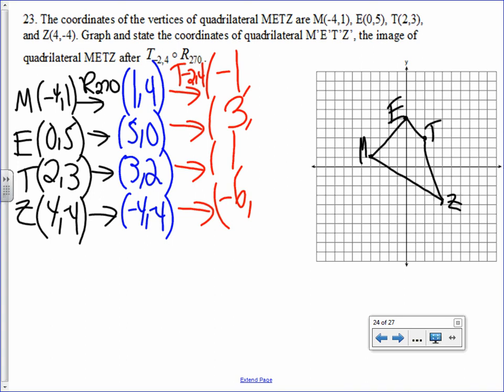I'm going to add 4 to my y values. It does ask me to graph this.